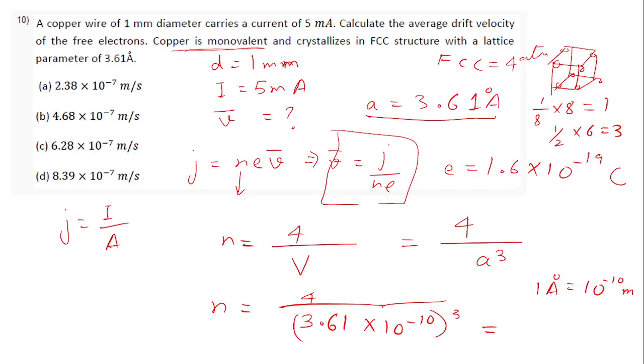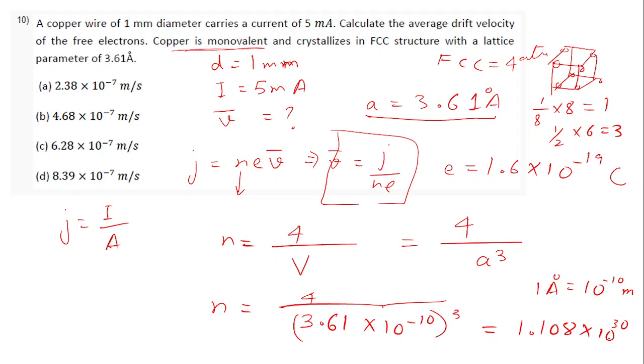Maybe we can directly put it in the formula. Let me calculate this. 4 divided by 3.61 means 1.108, and this will be 10 to the power minus 30. It will go up and be 10 to the power 30.